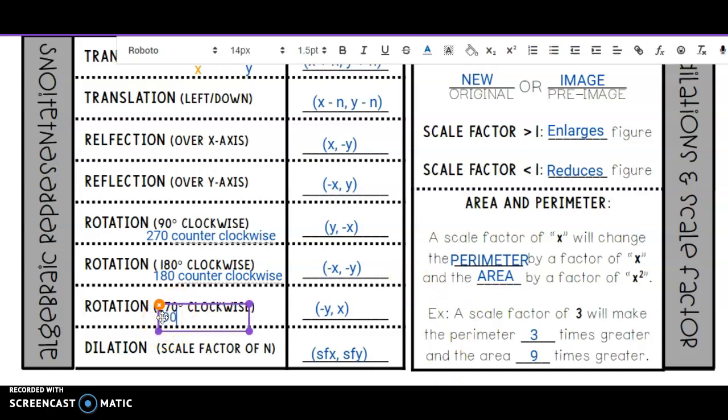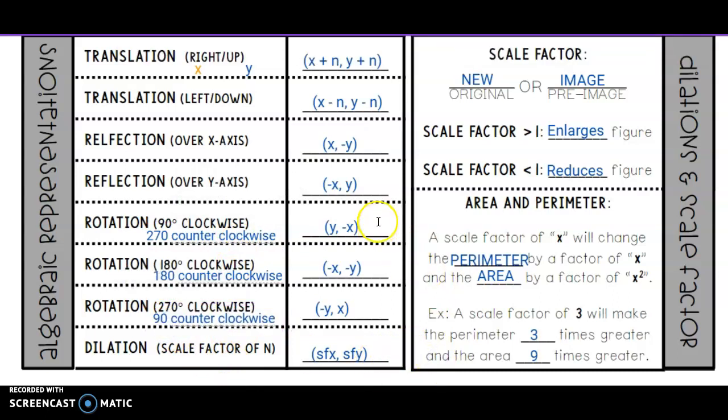Now, a 270-degree clockwise rotation is the same as a 90-degree counterclockwise. And just like up here with this 90-degree clockwise, your x and your y trade places, but this time your y becomes its opposite. Your new x, old y, becomes the negative, and the x stays positive.